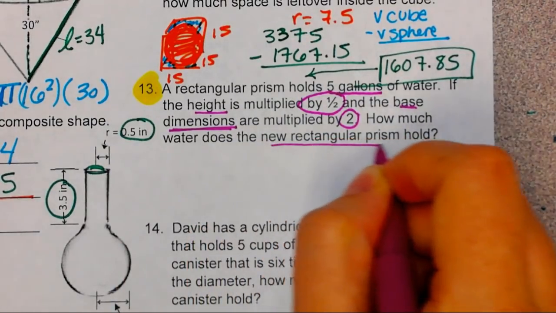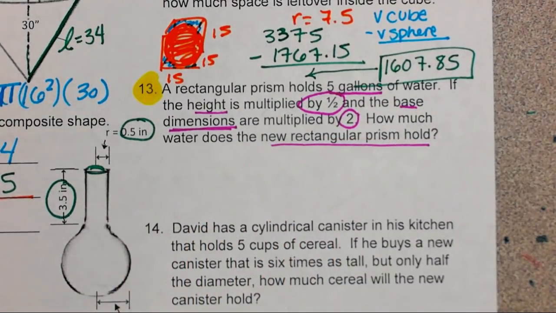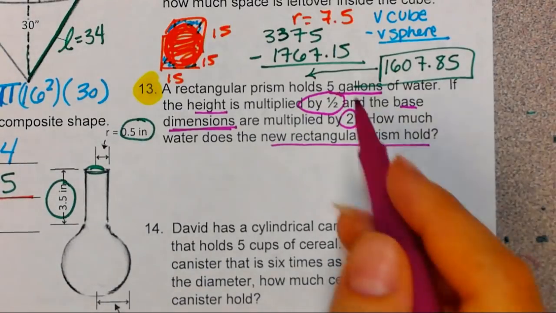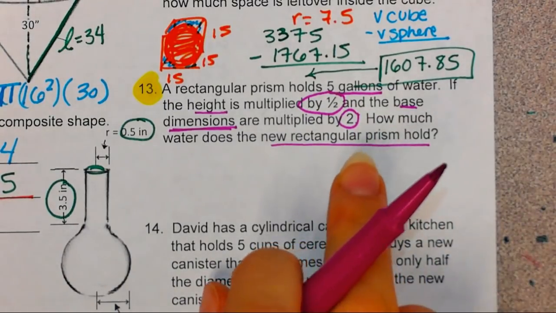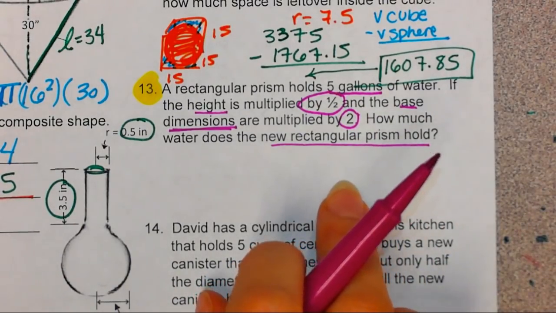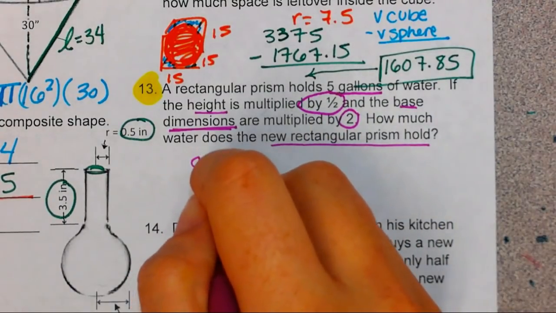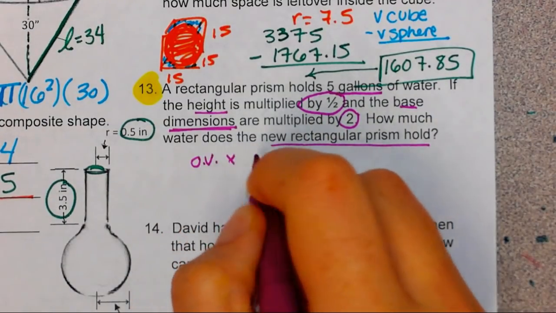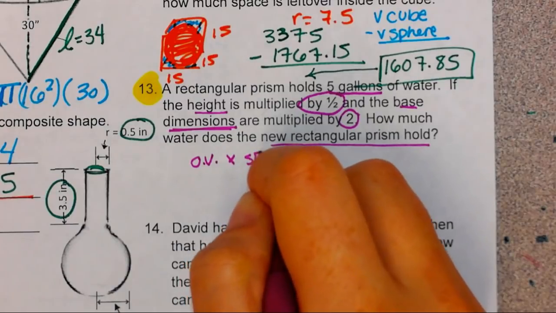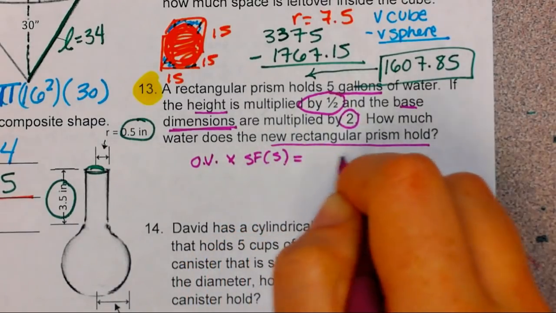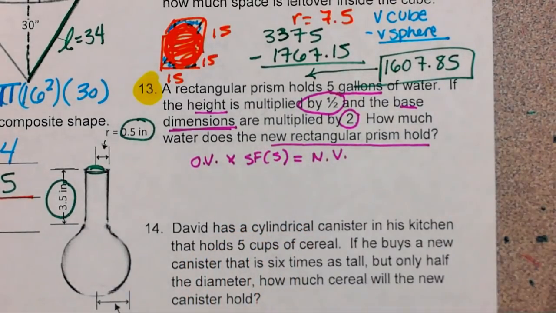How much water does the new rectangular prism hold? This is a non-proportional dilation, which means you take the old volume and multiply by the scale factors to get the new volume.